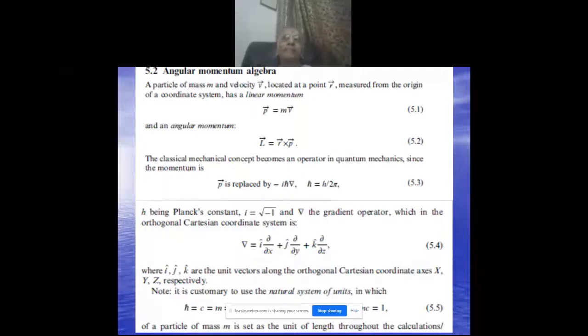Then, it is with respect to an origin, and r is the position vector, because for the earth also you have to have some coordinate system. You have to choose a coordinate system which starts from a given point.